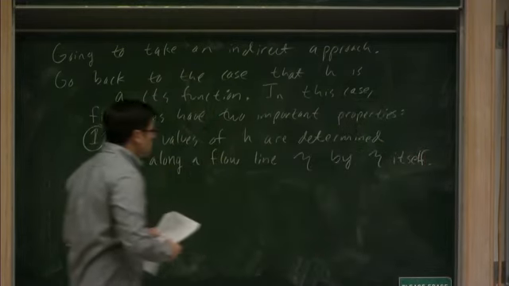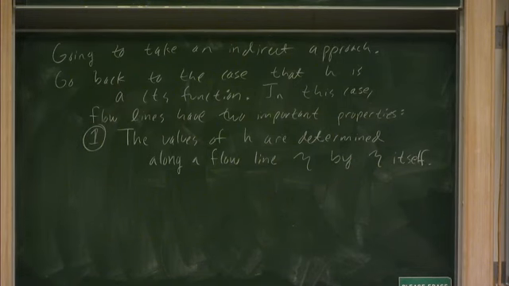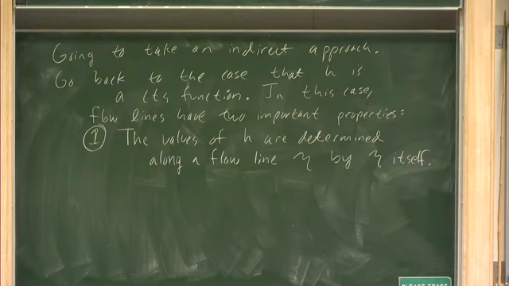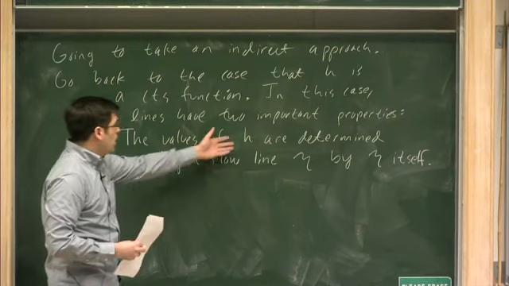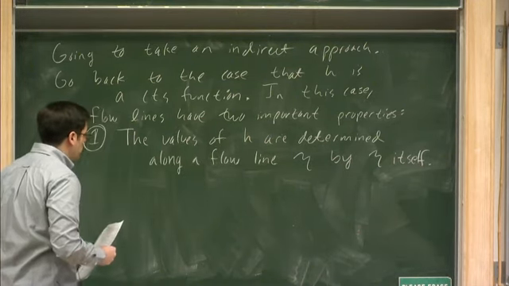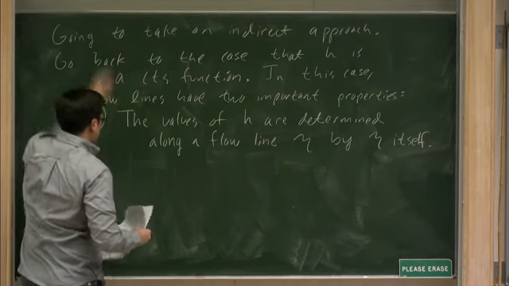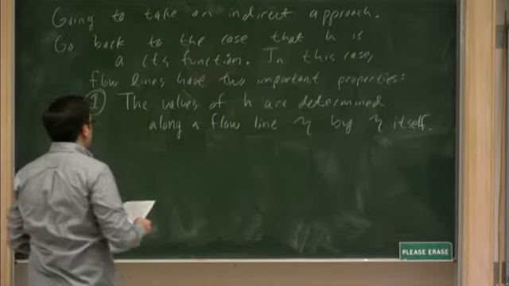Okay, and the reason for this is that if you see the flow line associated with a continuous function, then you know the direction in which all of the arrows are going along the path, and that's enough information to recover the values of the function along the path. Okay, so this is one important observation.